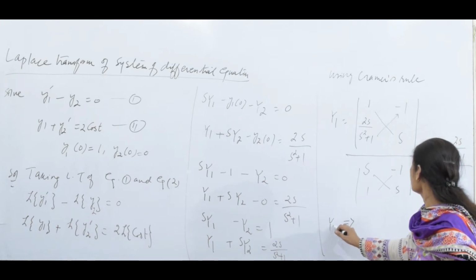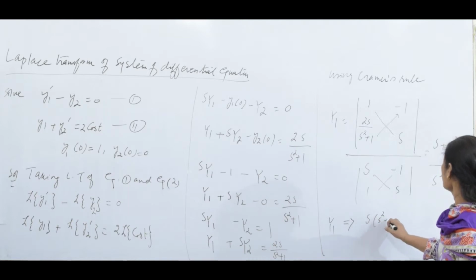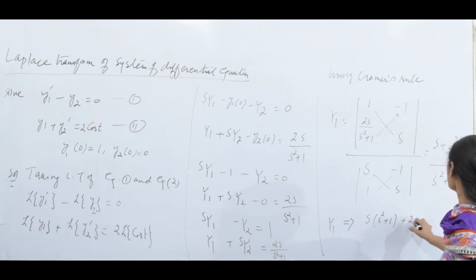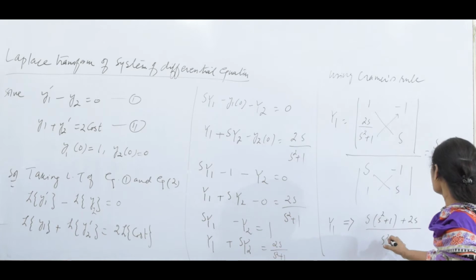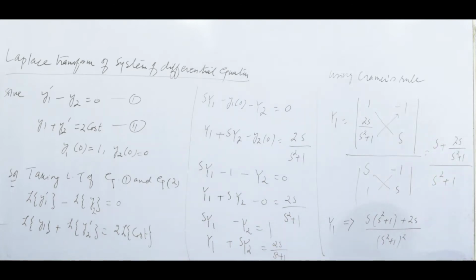This implies Y1 is s into s square plus 1 plus 2s over s square plus 1 whole square, taking the LCM.